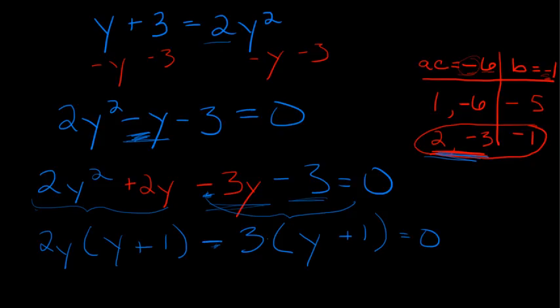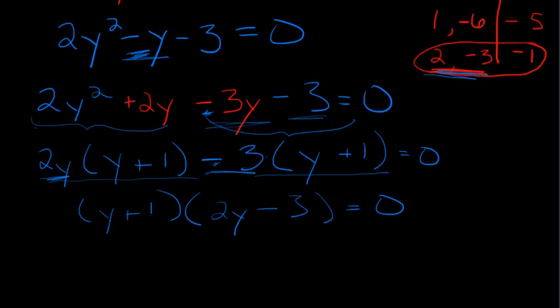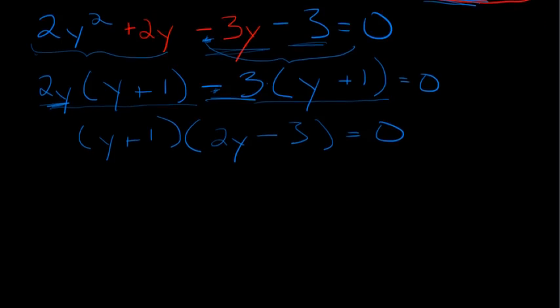So what does that give me? Well, now I want to look at this, and the thing they have in common is y plus 1. And if I factor out a y plus 1, I'm left here with 2y, and I'm left here with minus 3 equals 0.